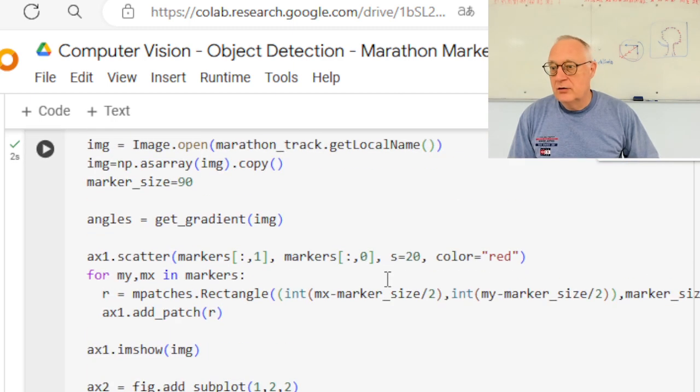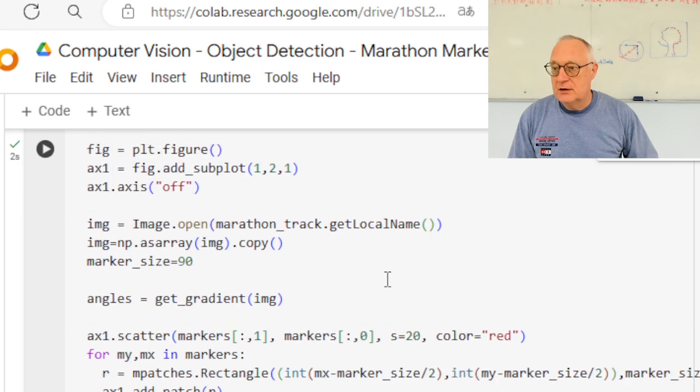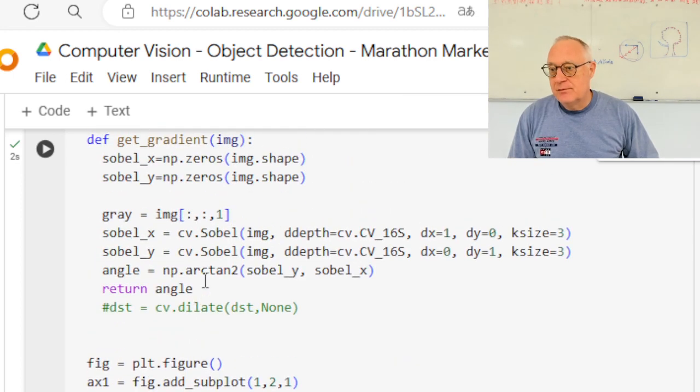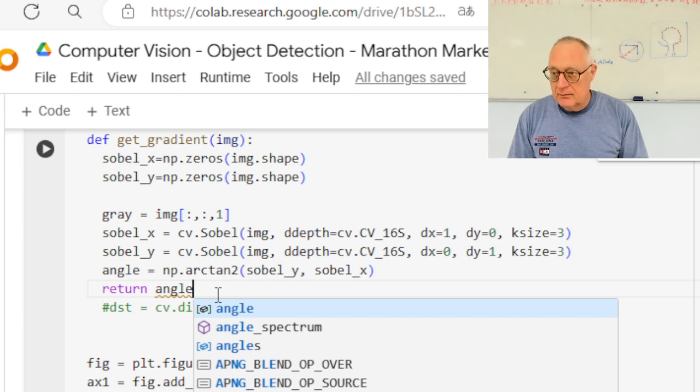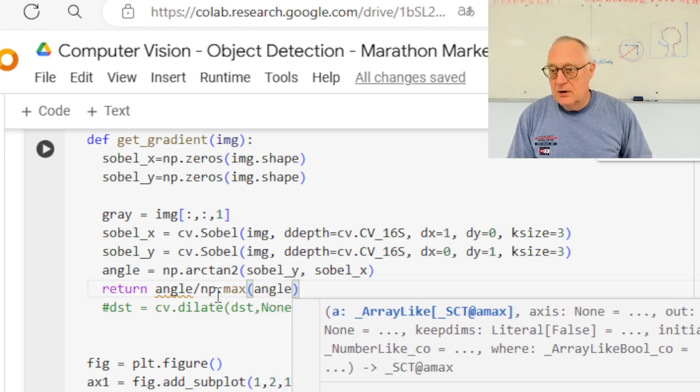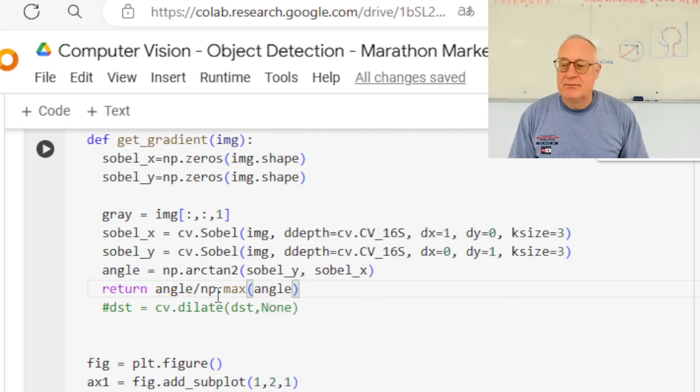Zero to 1, so I need to normalize that image. So I divide it by the maximum.